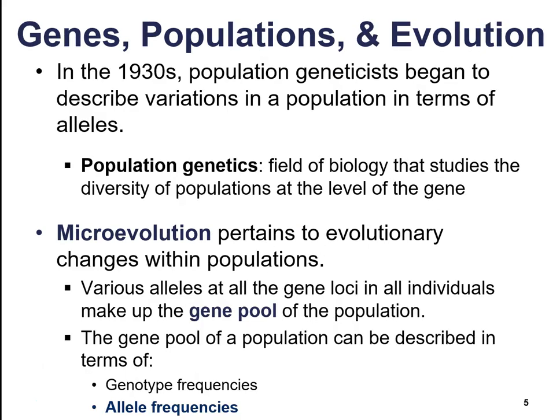Okay, so again, I mentioned this field of biology that basically studies the diversity of populations. Now, I also said in the beginning that this is really focused on population on a smaller scale. Hence the name microevolution, right? This is evolutionary change within a population.